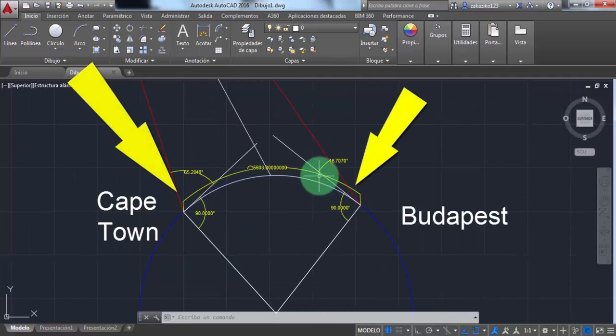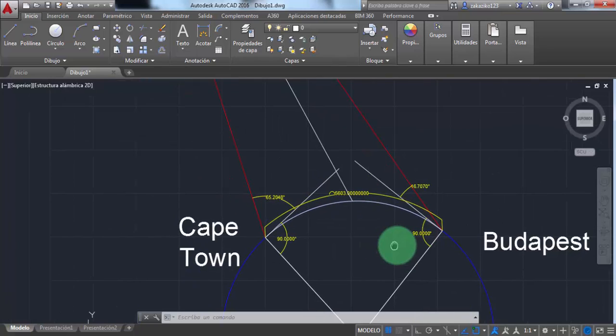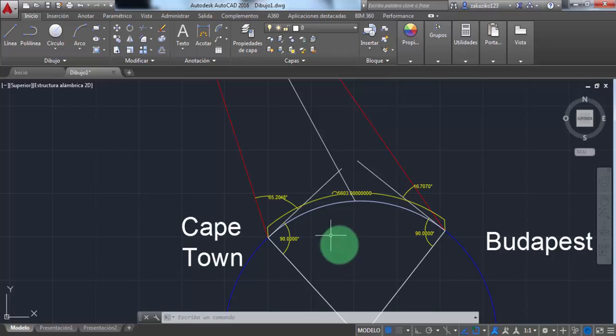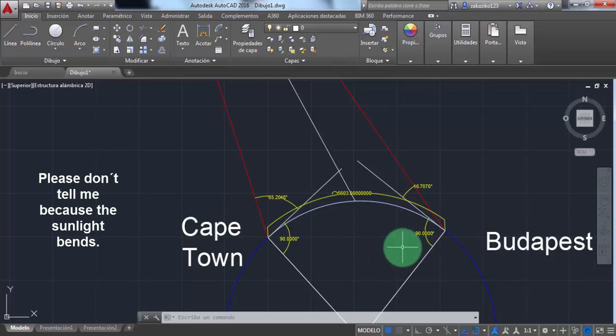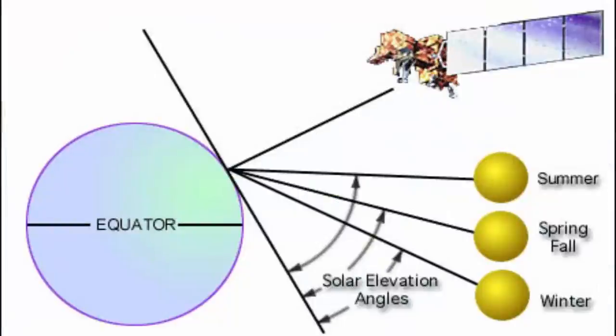These lines should normally take you to the source of the light, which is the sun. But it doesn't work on a ball, because we might not be on a ball. And please don't tell me that the sunlight bends. That is why this is not working.